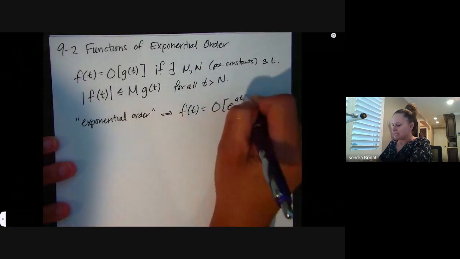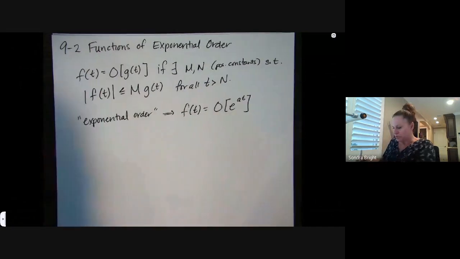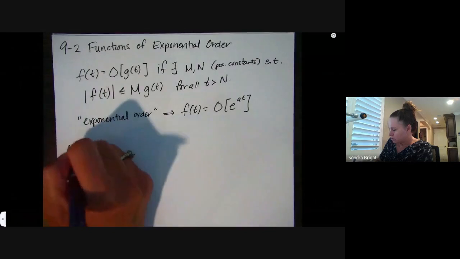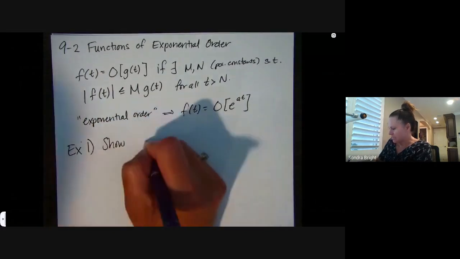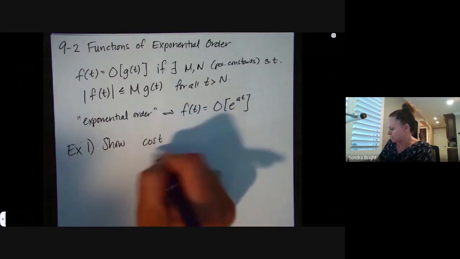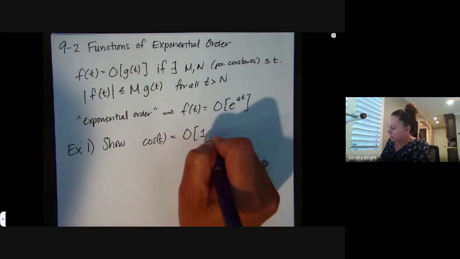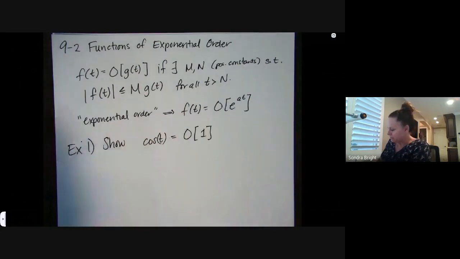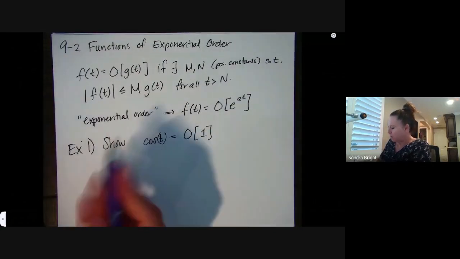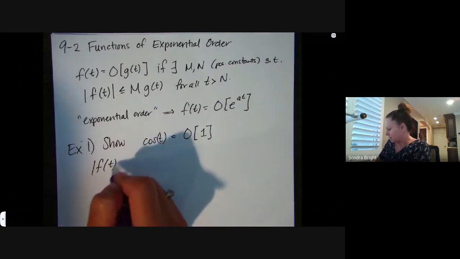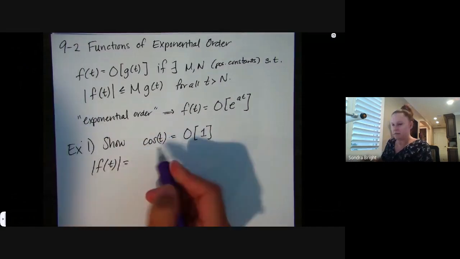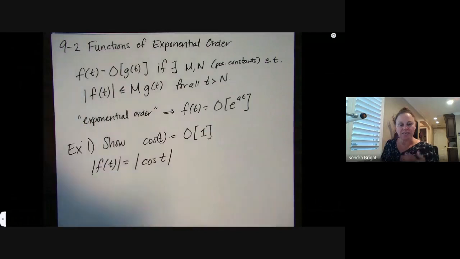All right, so we're going to show that cosine of t, that's your f of t, is of the order 1. We're going to take this definition. f of t, well, that's cosine of t. And we know cosine is bounded, right?